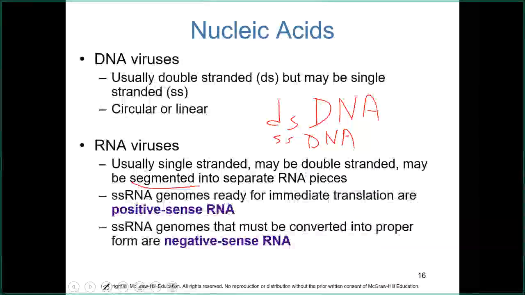Sometimes those mistakes cause changes that are adaptive or beneficial to the virus. And the mistake rate, the mutation rate in RNA viruses is sometimes hundreds of thousands, if not millions of times greater than in other types of viruses, the DNA viruses.